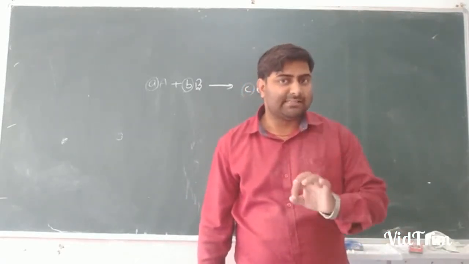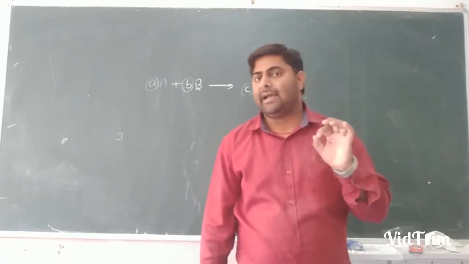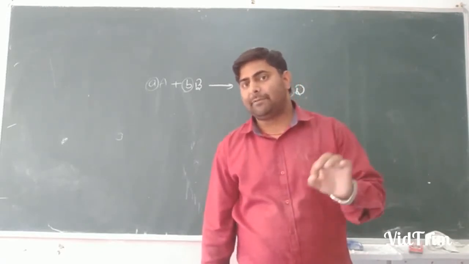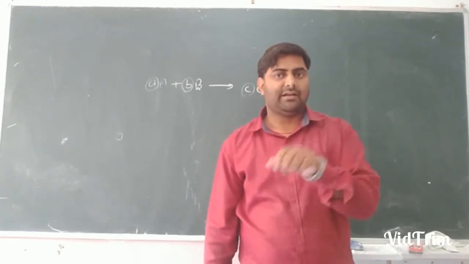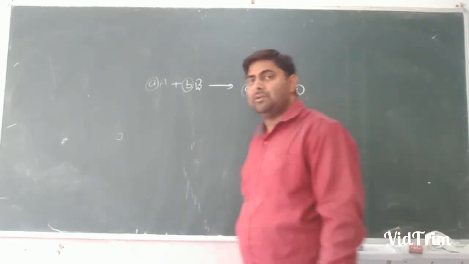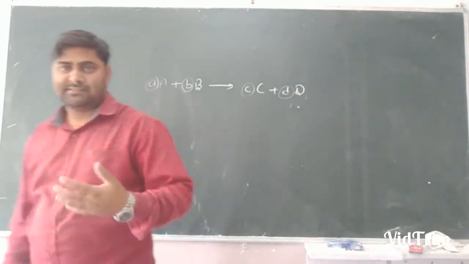This simply states that the rate of the reaction at any instant of time is directly proportional to the product of the molar concentration of the reactants, each raised to the power of some active masses.